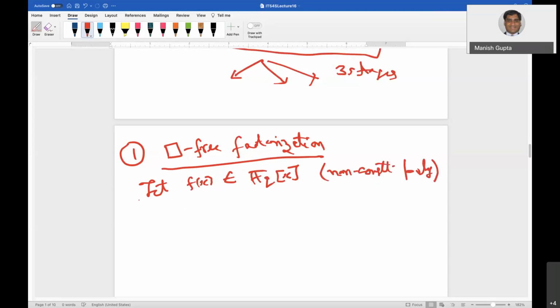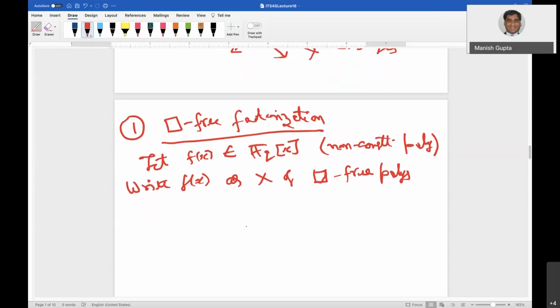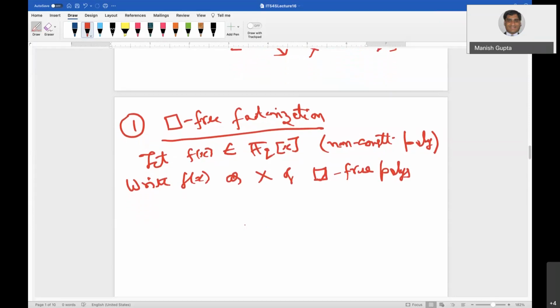Now, write f(x) as a product of square-free polynomials. Square-free polynomials means the factors are not squares. Let me explain how we are going to do this.